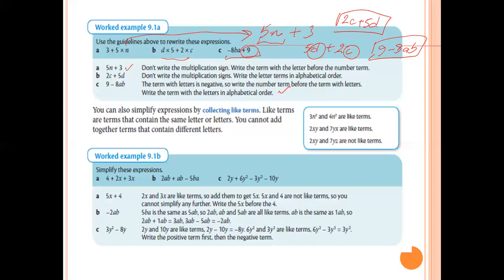You can also simplify expressions by collecting like terms. Like terms are terms that contain the same letter or letters. You cannot add together terms that contain different letters.